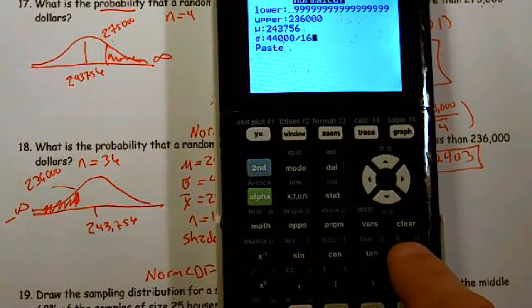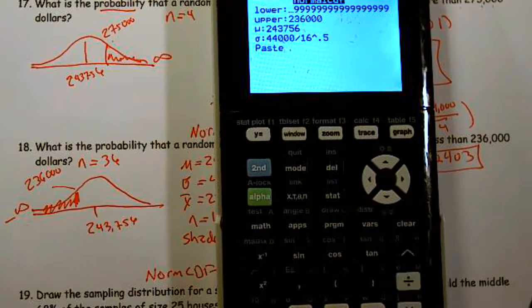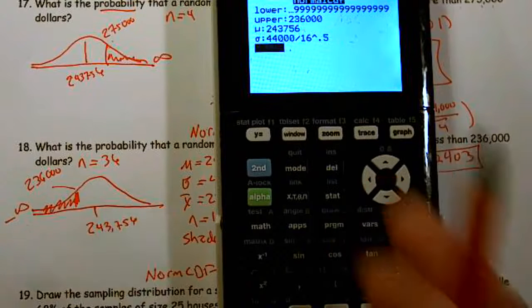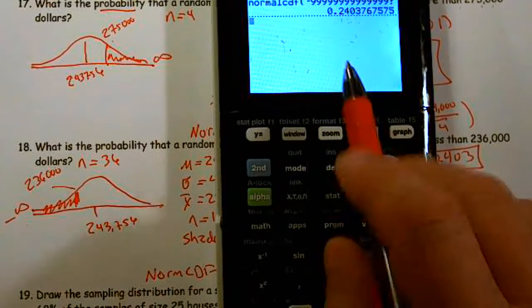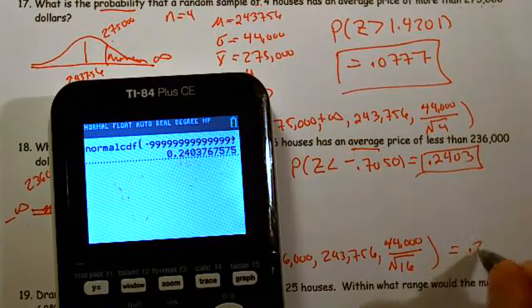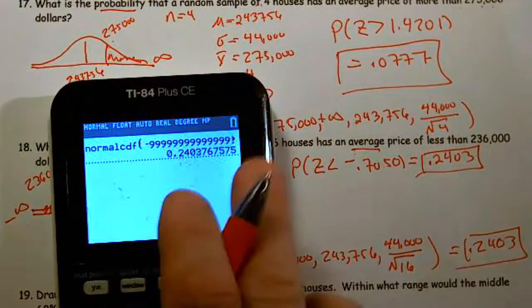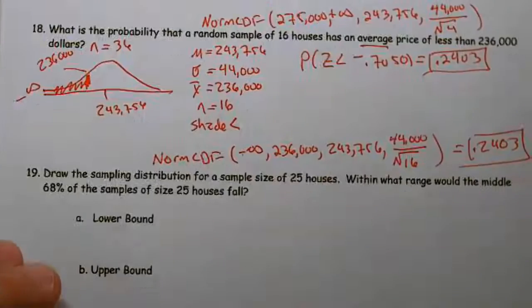Make sure you use the square root button, the caret button, caret 0.5, raised to the half power. And we get 0.2403, which is what we previously got. So if you prefer the norm CDF, that's great. All right.